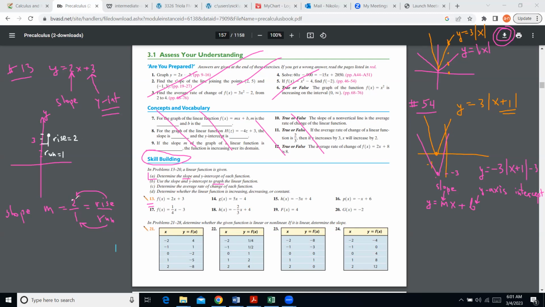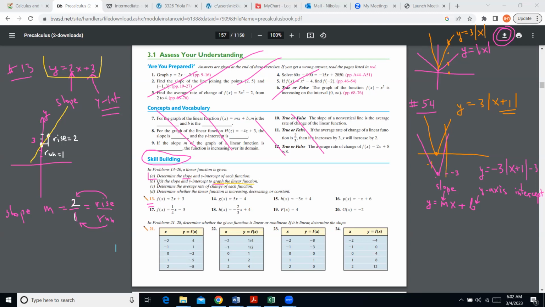Well, because I turn 2 into 2/1, so this way I can clearly see what rise and run are, and this way I can get the second point on the graph of this line. So I will connect the points together and get a line, and that's what they want me to do in part B, to graph this linear function, or to graph the line.